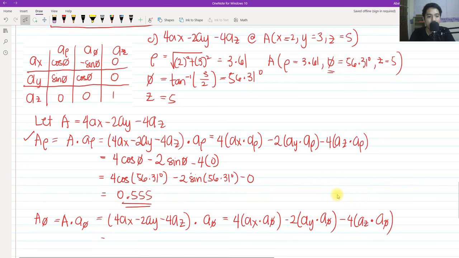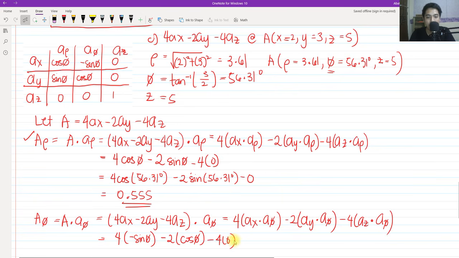So refer to the table for the dot product. So we have 4 a sub x, and then a sub phi would be negative sine of phi. Then we have minus 2 a sub y, and a sub phi is cosine phi on the table. Minus, we have a sub z dotted by a sub phi, so that is still 0.